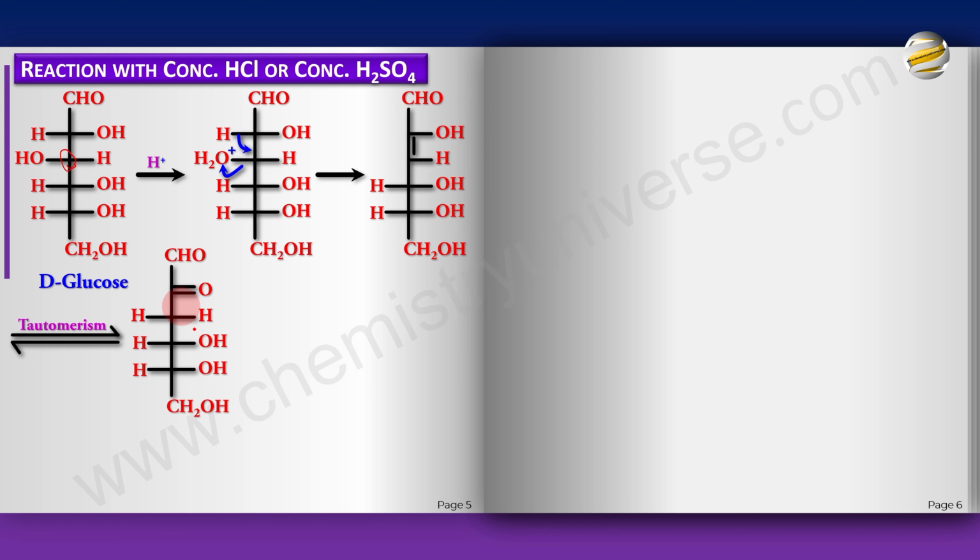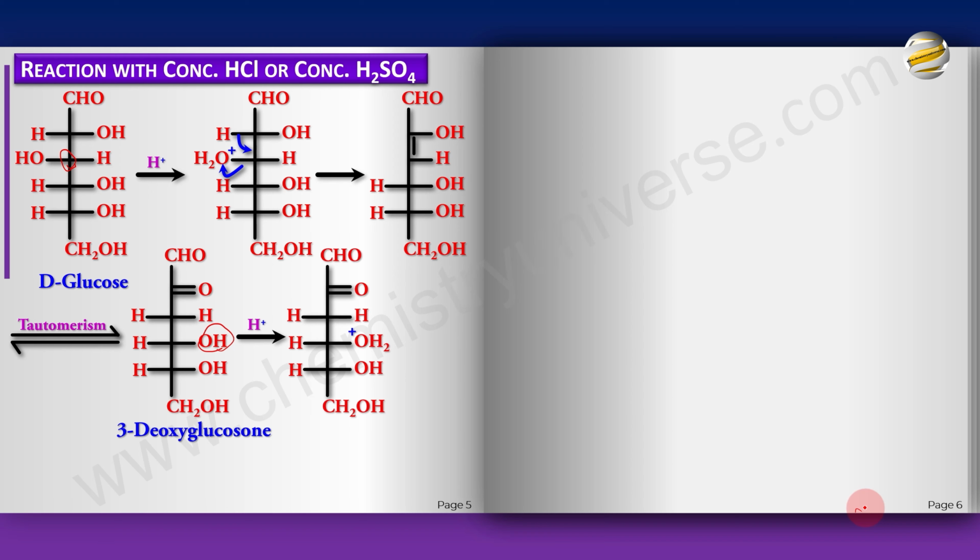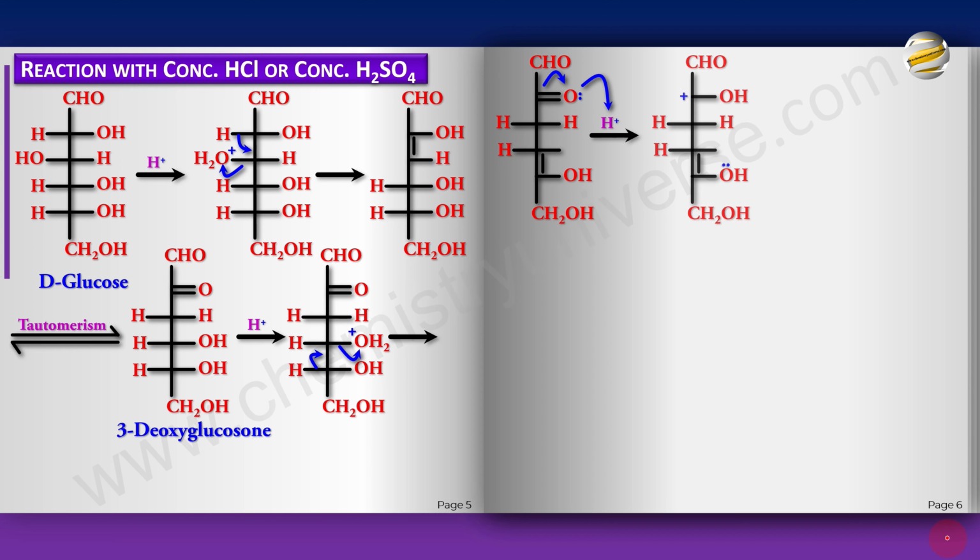Then the OH on the 4th carbon would get protonated, and this is called 3-deoxyglucosone. This gets protonated, and again elimination occurs between this hydrogen and this water molecule, and you tend to get another enol. Now, before this even tautomerizes, the lone pair on the ketone O takes the H plus and forms a carbocation, which is then attacked by the lone pair of this oxygen.